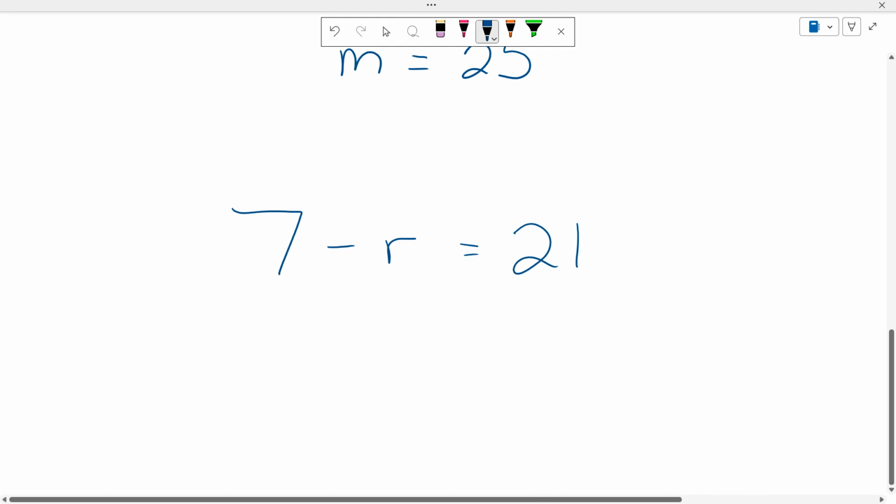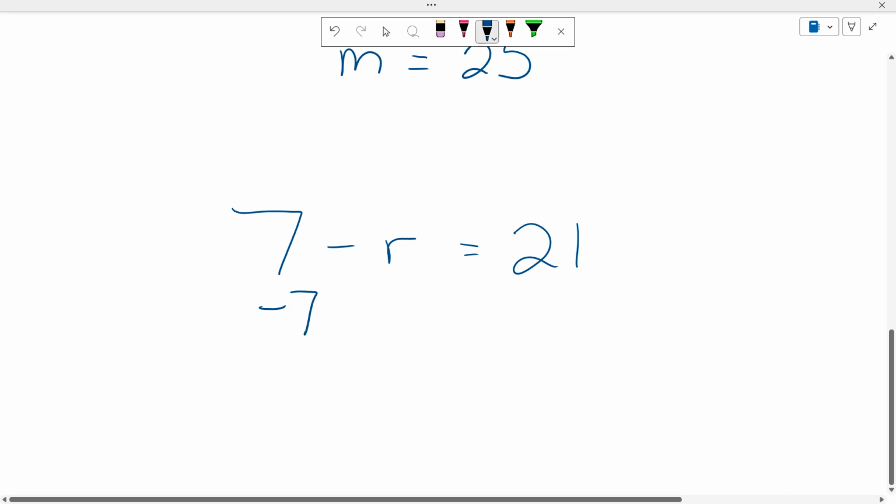7 minus r equals 21. This is a two-step equation. Even though it doesn't look like a two-step equation, it is. You have to get r alone. Right now it's 7 minus r. How can I get r alone? What's my first step, Braden? Subtract 7 because we're at a positive 7.